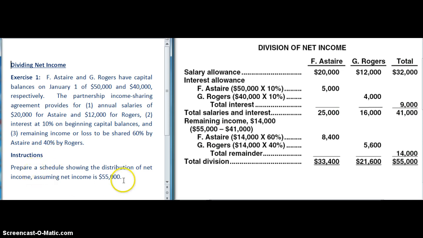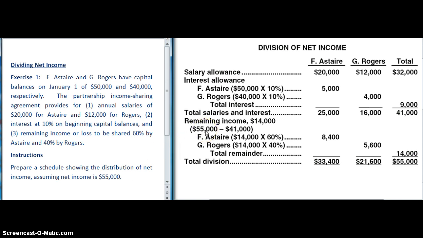Now the instruction also says assume that the net income is 55,000. Now we have to follow the third part of the information of the question, which says remaining income or loss to be shared 60% by Astaire and 40% by Rogers. So now the remaining income is what you need to calculate. To calculate the remaining income, you have to take the total net income.